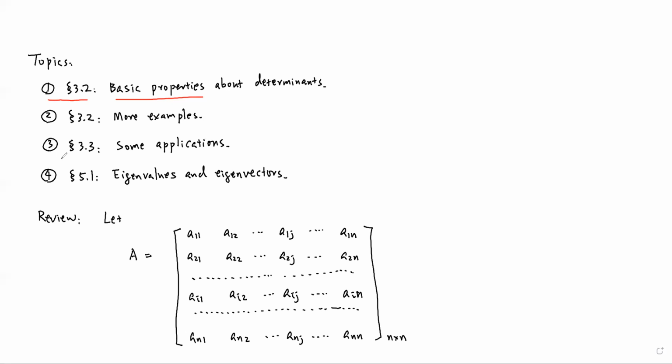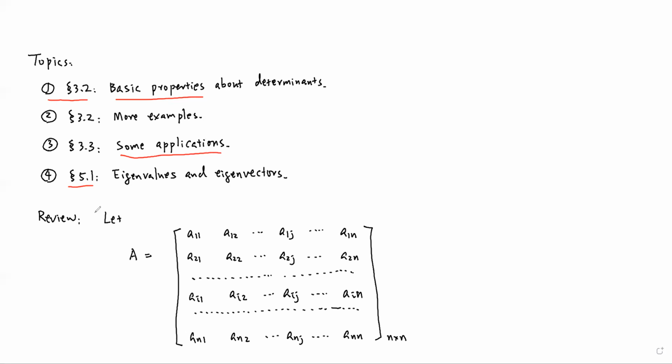And in the third topic, some applications about determinants. And in the last topic, if I still have time, then we turn to study section 5.1, about eigenvalues and eigenvectors of a square matrix.